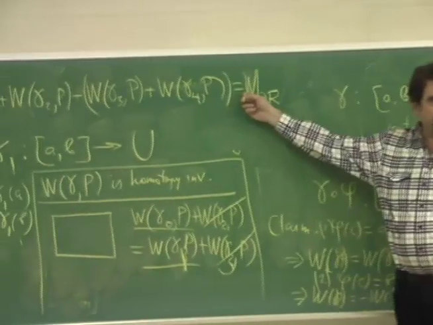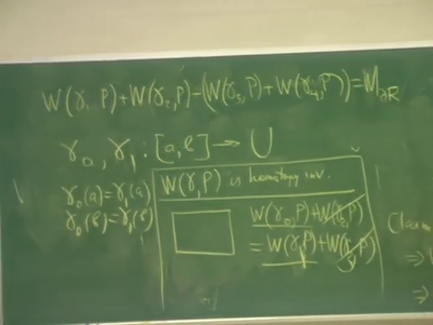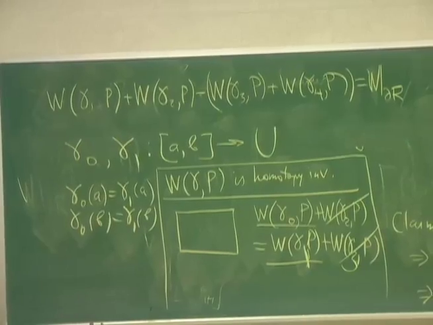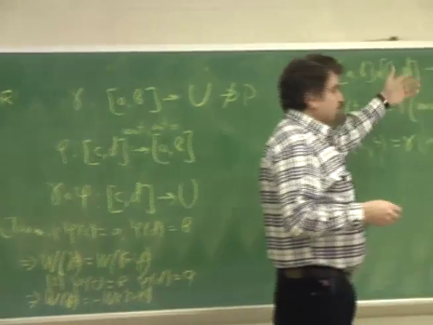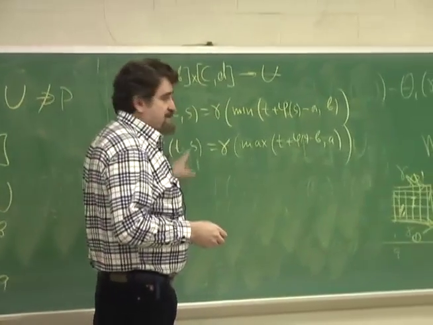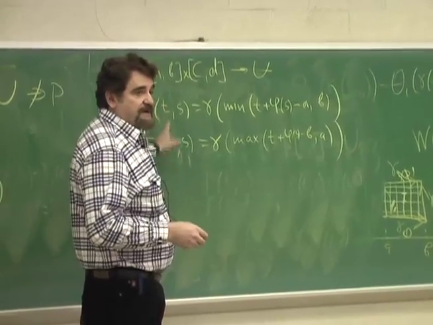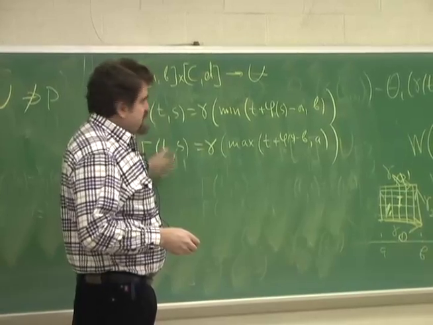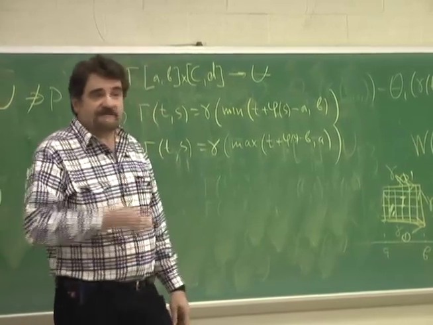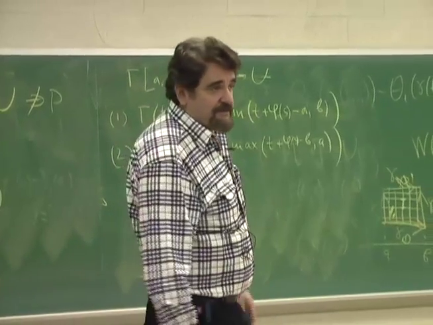But in order to use this formula, you need to invent a mapping of the rectangle into U. And this is the mapping suggested by Fulton. Just check that this mapping completely satisfies everything you want.